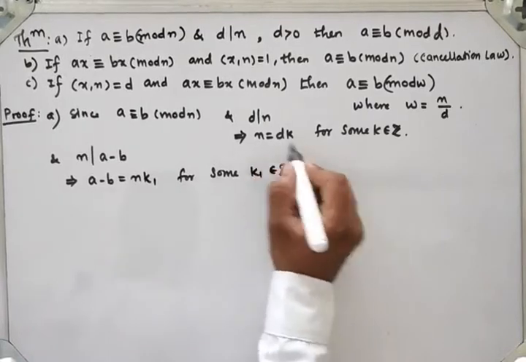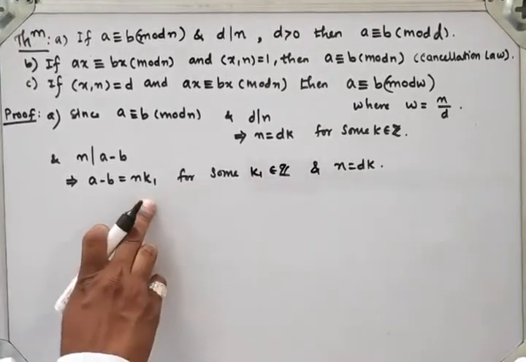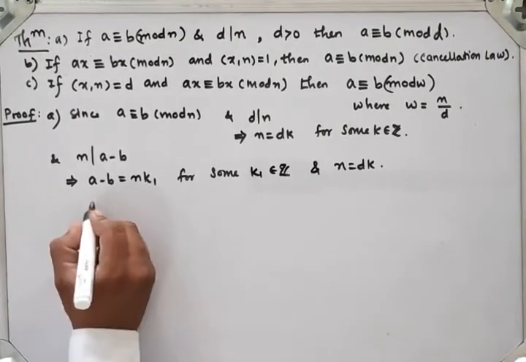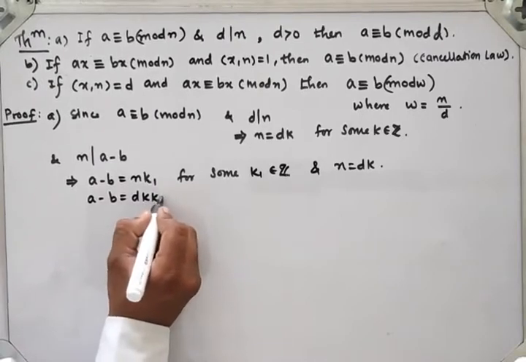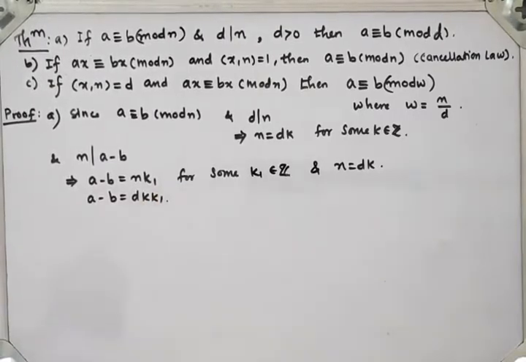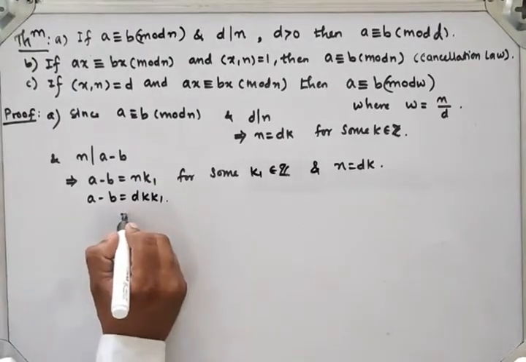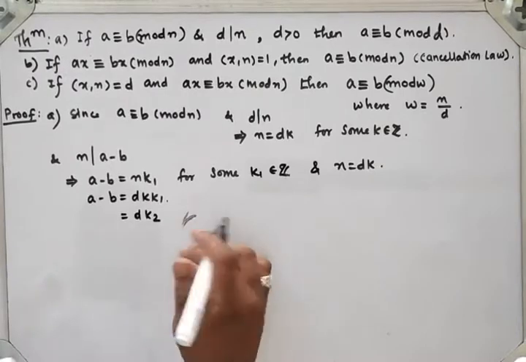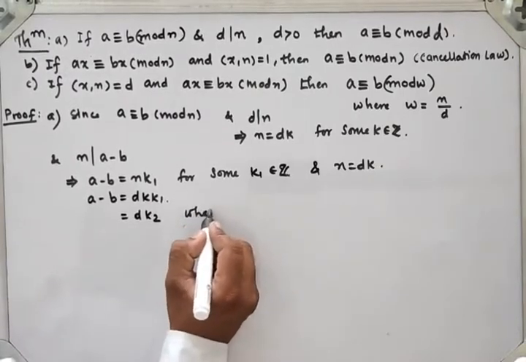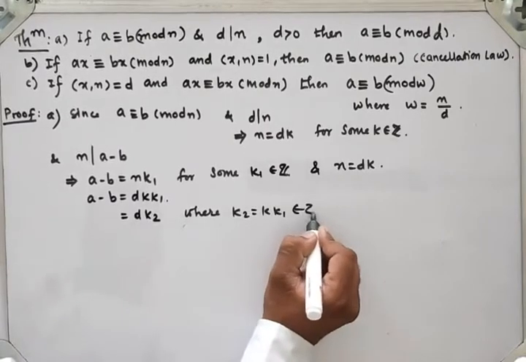And what is the value of n? n is equal to dk. So using this value of n in this equation, we get a minus b is equal to dk into k1. Since k and k1 belong to the set of integers, the product of integers is again an integer, so I will write it as d into k2, where k2 is equal to k into k1, which belongs to the set of integers.